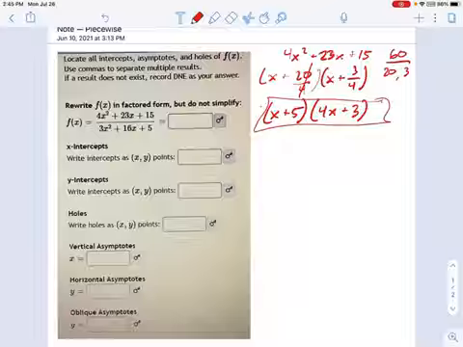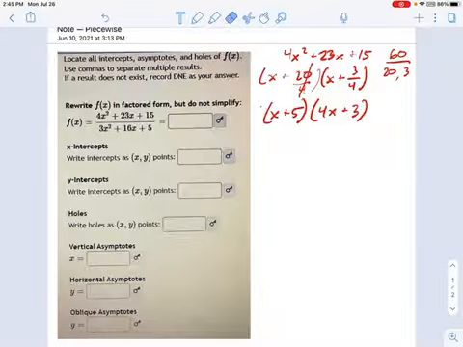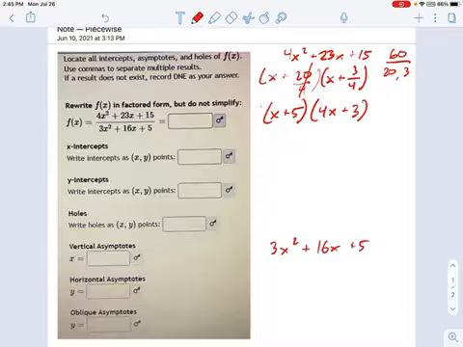Now, next part, we need to factor the denominator. I'm just going to do that over here, and we'll erase that in a moment. 3x squared plus 16x plus 5. 3 times 5 is 15. Factors of 15 which add up to 16. That's just 1 and 15. That one's kind of easy.